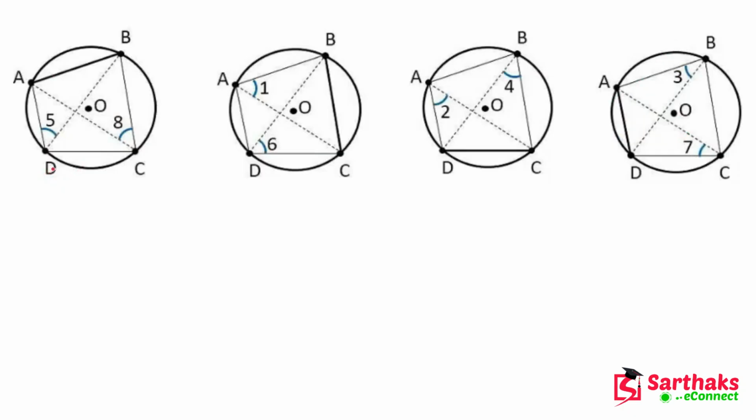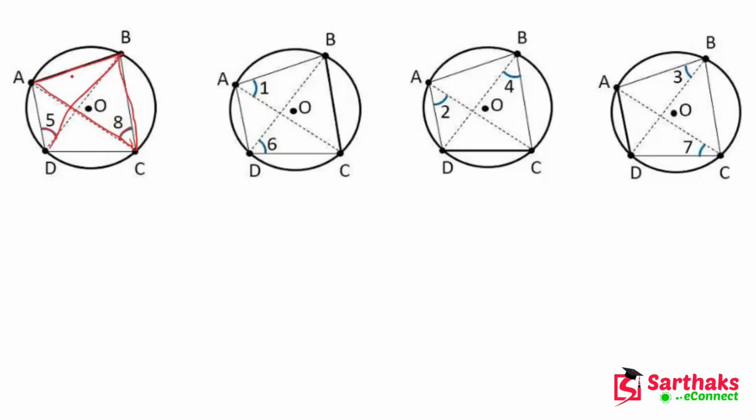Now when we are taking chord AB, we know that angles in the same segment are equal. It means here you can see angle 5 and angle 8 are equal because they make angles on the same segment.